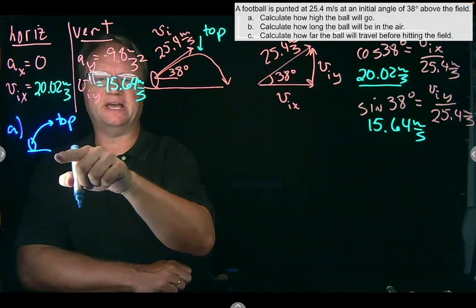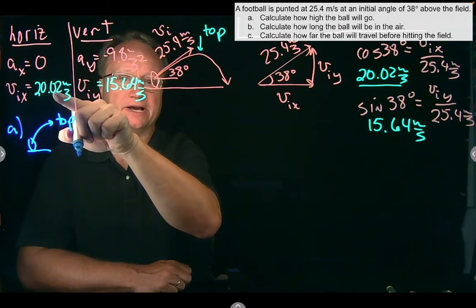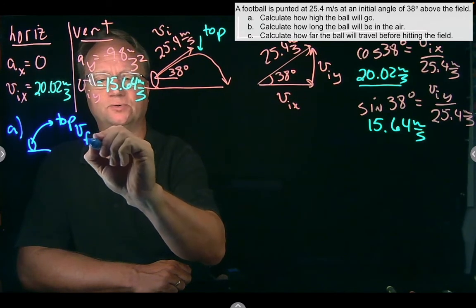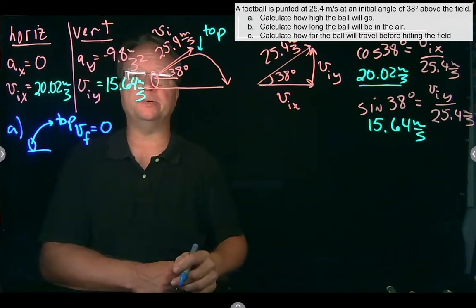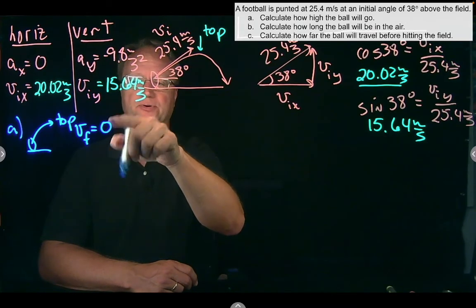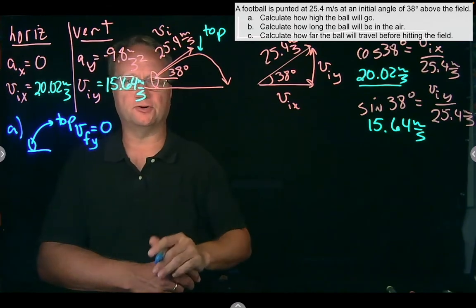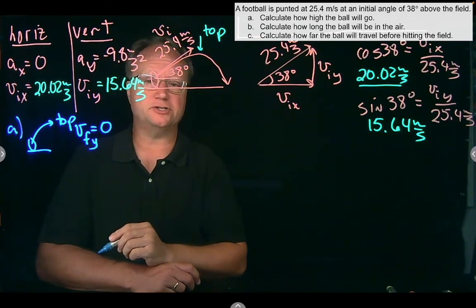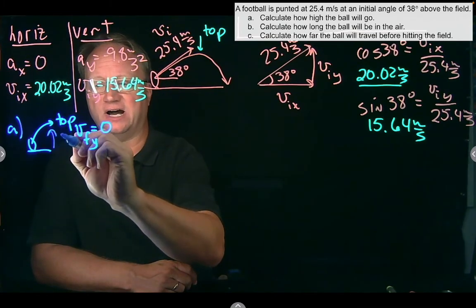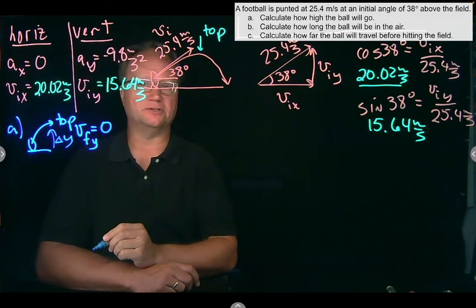With the top of the path, the ball has to stop going up to start falling back down. So this velocity, or the final velocity at the top, will be 0. That gives us 3 numbers, and that velocity is vertical, 3 numbers vertically to be able to use a motion equation. We want to calculate how high, and that would be the delta y.